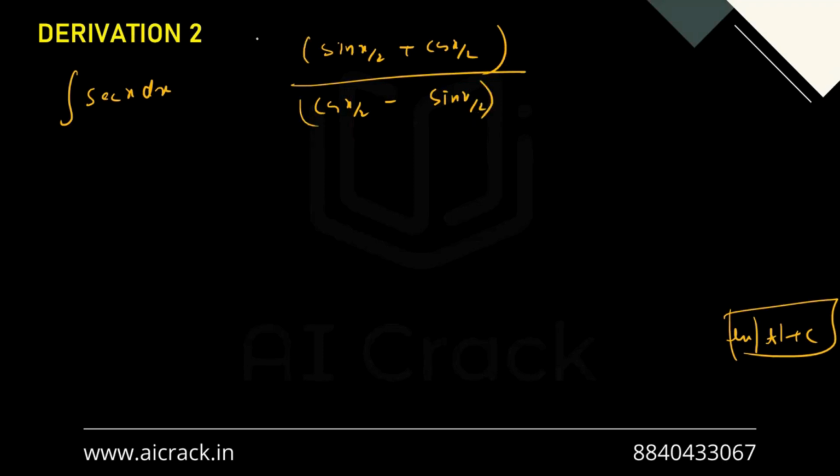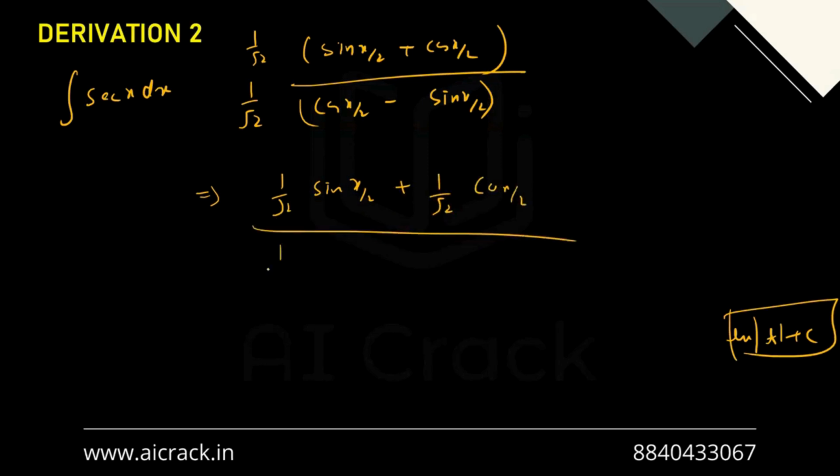And now if you multiply 1 by root 2 in both numerator and denominator, we'll be getting 1 by root 2 sine of x by 2 plus 1 by root 2 cos of x by 2, divided by 1 by root 2 cos of x by 2 minus 1 by root 2 sine of x by 2. Now we know that this is nothing but sine a cos b plus cos a sine b. Why? Because 1 by root 2 is cos 45 and 1 by root 2 is also sine 45. So this becomes sine a cos b plus cos a sine b, that is nothing but sine of a plus b.